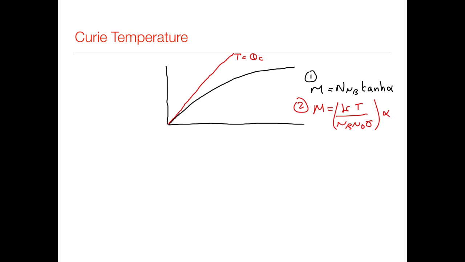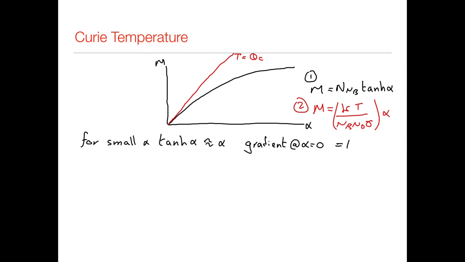If you recall, for small alpha, hyperbolic tan of alpha is approximately alpha. So the gradient, dM by d alpha, of this at alpha equal to 0 is equal to 1. If I differentiate alpha with respect to alpha, I just get 1.